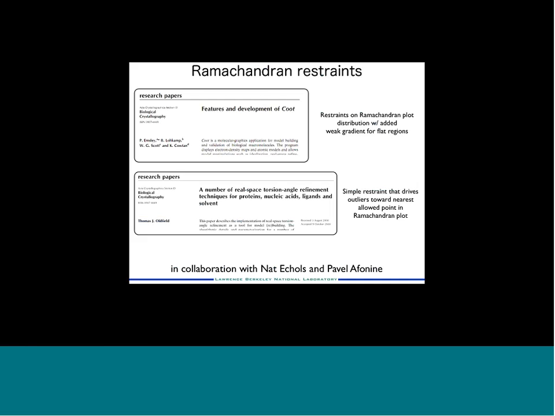This is work done in collaboration with Nat Eccles and Pavel Afonine here at LBL. The first is very similar to the potential that's used in COOT, which uses a modified 3D landscape where we've added a weak gradient for the flat regions of the Ramachandran plot. And then a more simple just distance-based metric, which comes from Thomas Oldfield's work, that just drives outliers to the nearest allowed point in the Ramachandran plot.